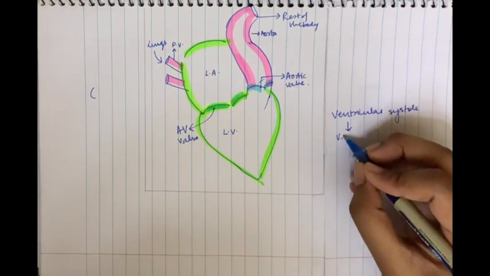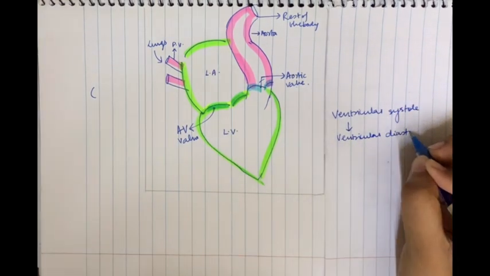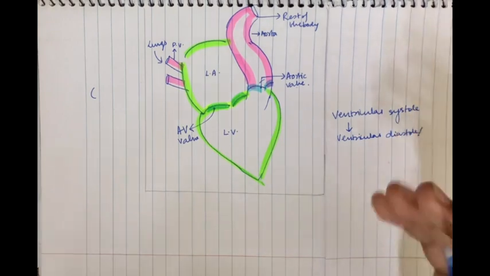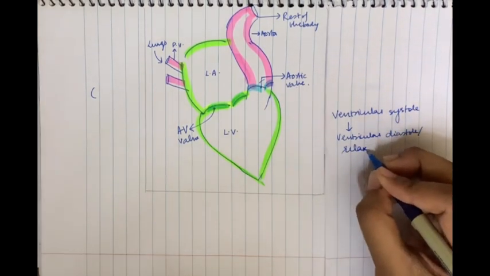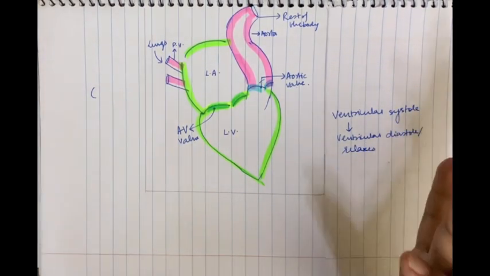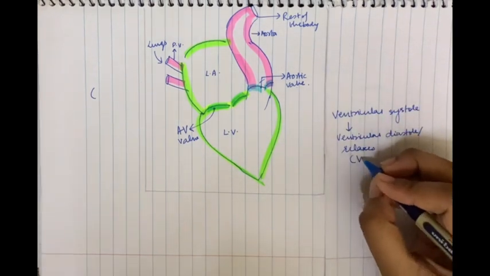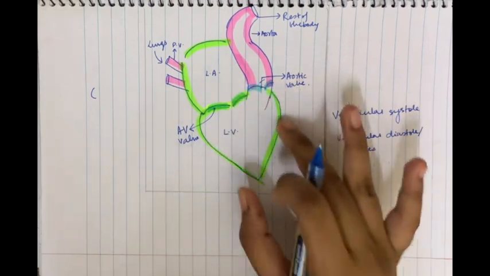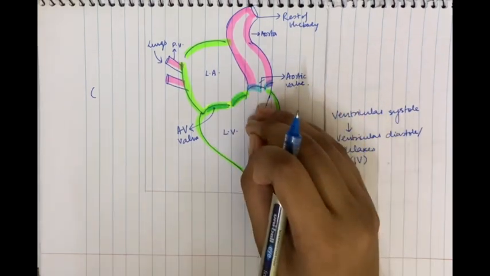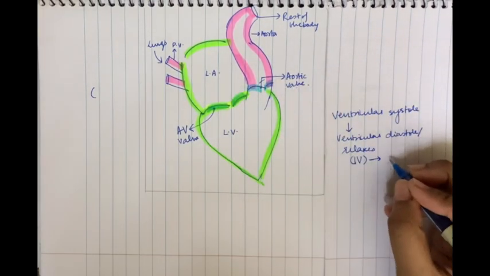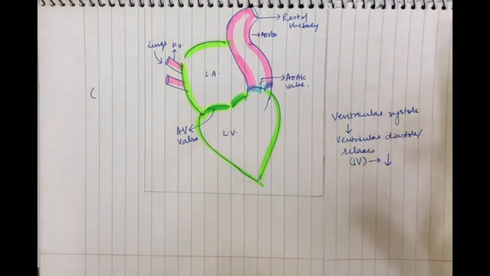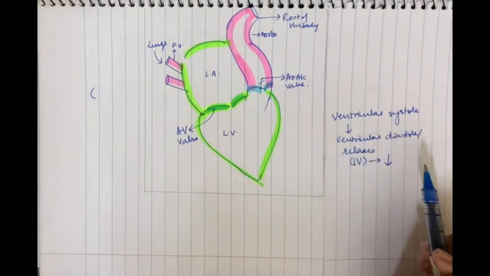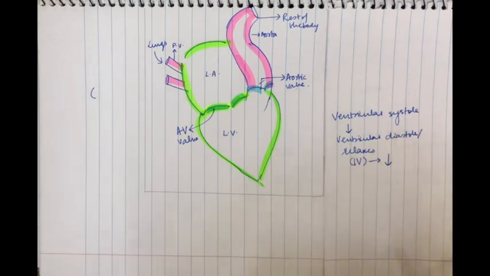Hence, ventricular diastole or ventricle relaxes, and this relaxation is an isovolumetric process. Isovolumetric in the sense the volume of the ventricle remains the same, but the pressure decreases so much because it relaxes. Now the ventricle has relaxed.